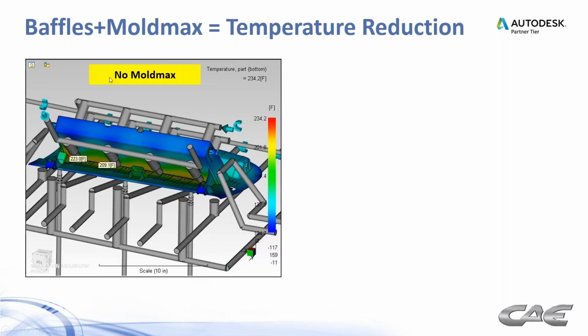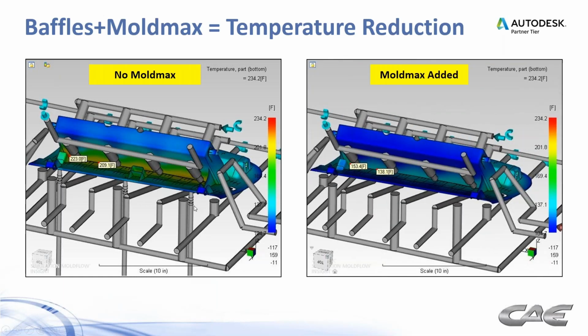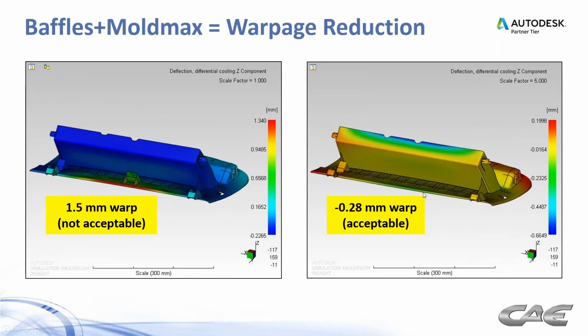In this case, without the MoldMax and with the baffles, same as the previous slide, now we are able to drop the temperature some 70 degrees in this area and the same in this area. So not only were the baffles good for us, but the MoldMax inserts were as well. So very beneficial to add both the baffles and the MoldMax.